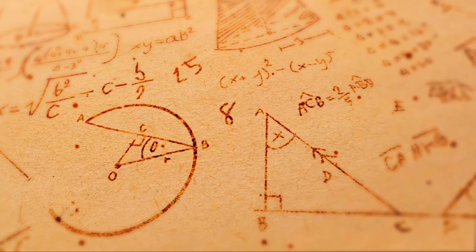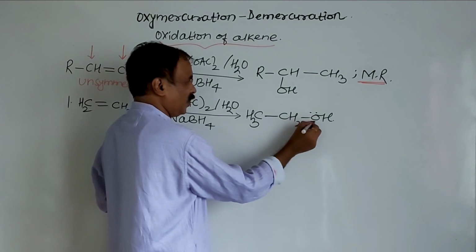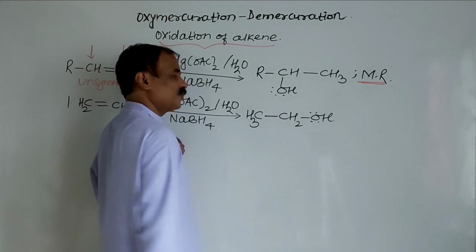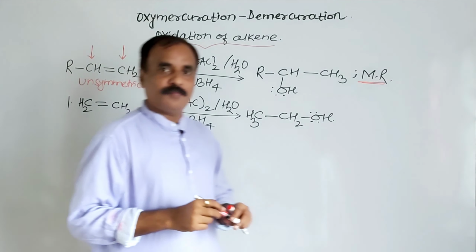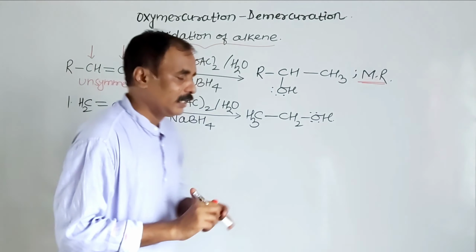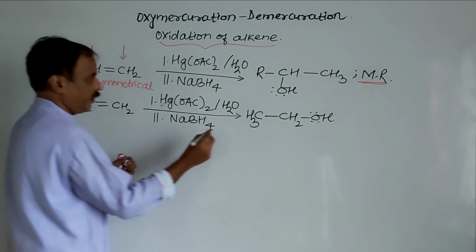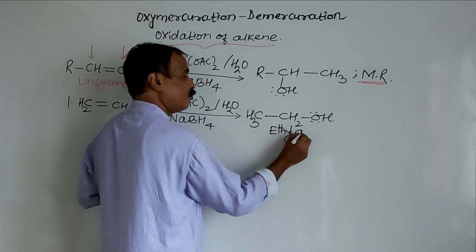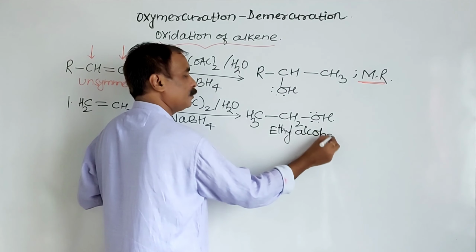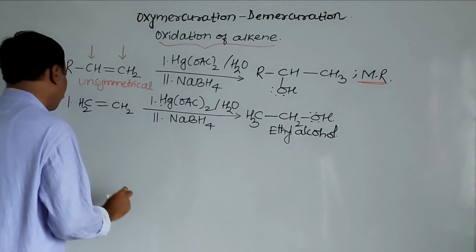In this case, the reaction is very simple, and here the product is ethyl alcohol. Whenever oxygen is there, there are always two lone pairs of electrons. We can show it like this. So here there is no question of Markovnikov's rule or anti-Markovnikov's rule, because this alkene is symmetrical. And here the product is ethyl alcohol.